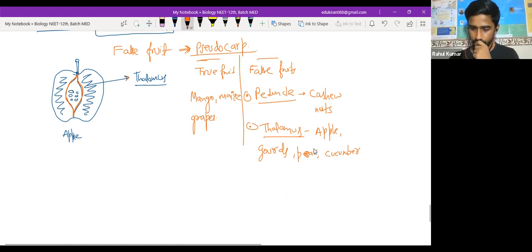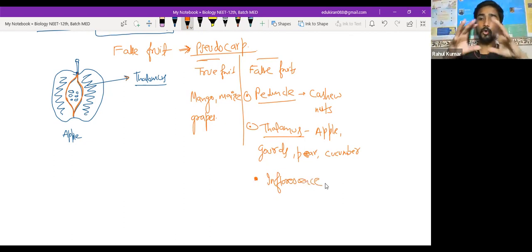And one more thing. Jackfruit, write down. Jackfruit and pineapple develop from an inflorescence. You know what an inflorescence is? A group of flowers together is called an inflorescence. Mango does not have one single flower.